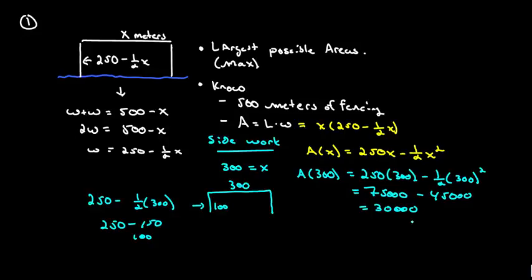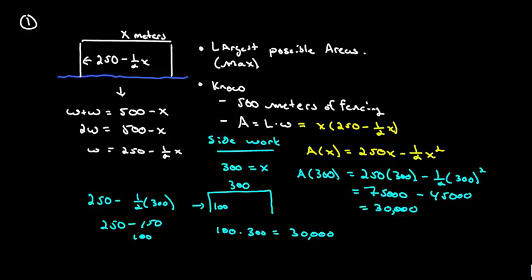So 75,000 minus 45,000, here's our 30,000. Now we could have gotten this 30,000 by taking 100 and multiplying it by 300, because that's 3 with 4 zeros after it. So there's our area of 30,000 square meters again.